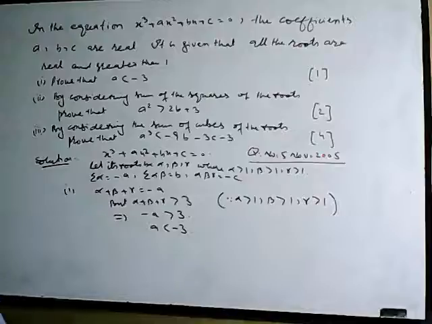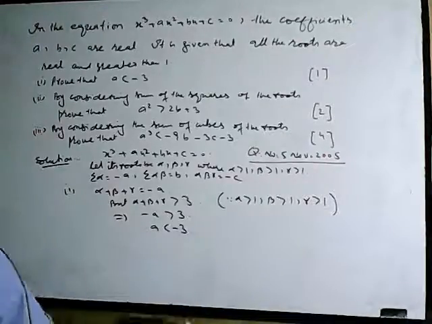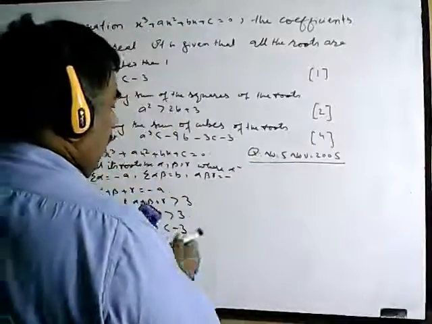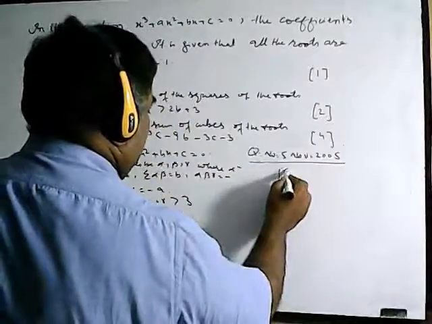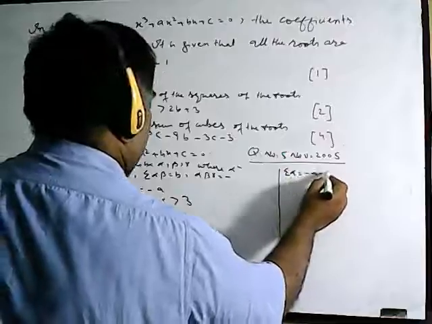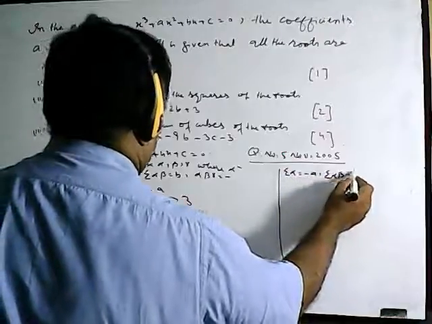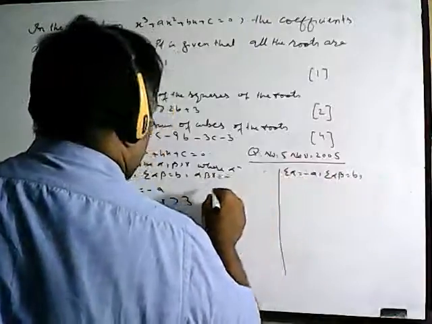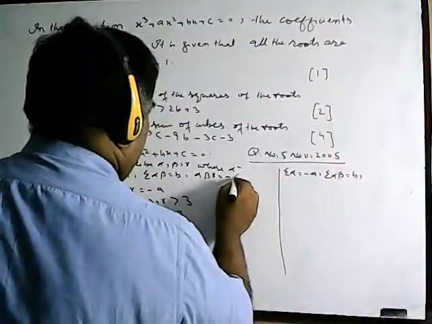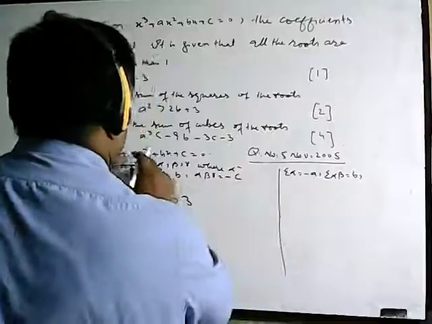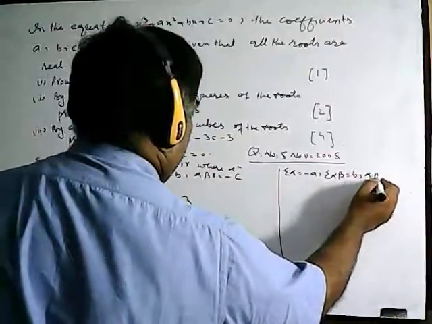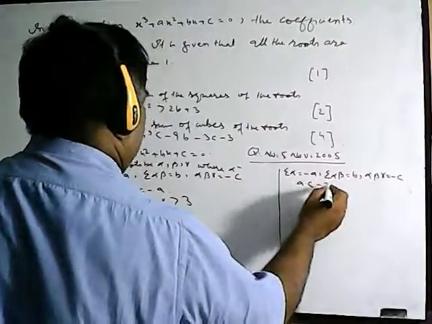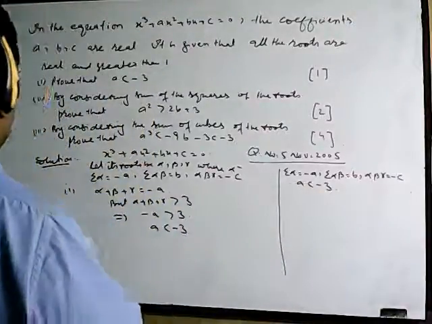Now the second part we have to prove, but before that I will write some values here for easy reference: sigma alpha is minus a, sigma alpha beta is b, alpha beta gamma is minus c, and we also proved a is less than minus 3. These are the things we have proved up to the first part.